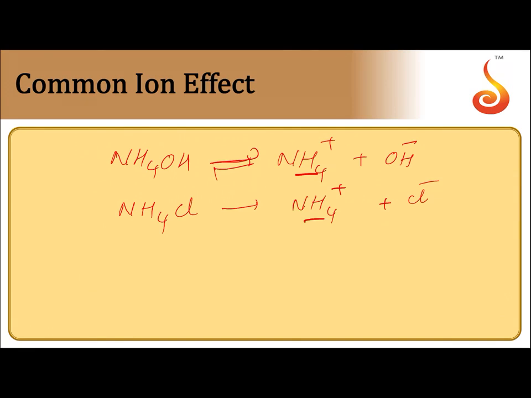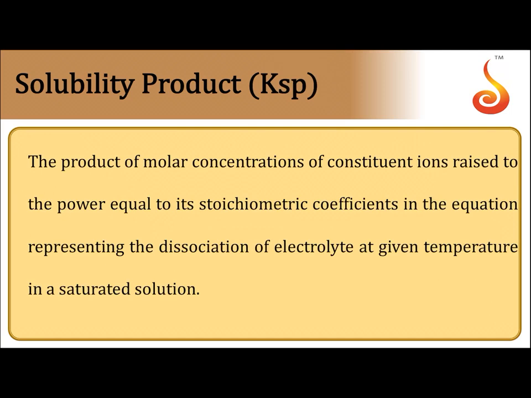We are again adding a common ion containing substance, so the equilibrium moves in the backward direction. Hence we can see a decrease in the dissociation of ammonium hydroxide. So the decrease in the dissociation of a weak electrolyte in the presence of a common ion containing substance is called the common ion effect.